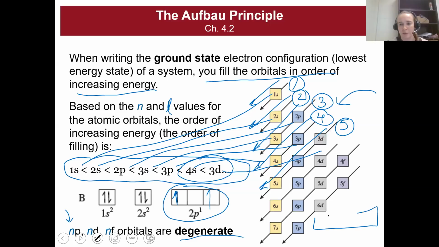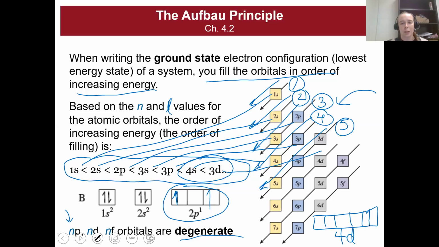And then the d orbitals are the same. So we've got 5 d orbitals for each value of n, and they're all the same. So this is like the 4d. Those 4d orbitals are all equal in energy. So if we have one 4d electron to put, it doesn't matter where we put it. Okay, same with the f orbitals. So these orbitals are degenerate.